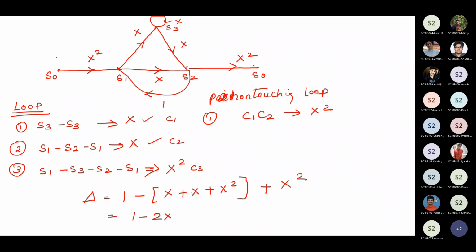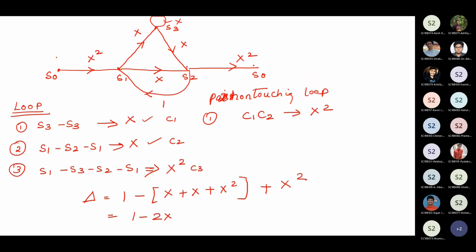Okay, next we have to find the forward path gain. Now you tell me, what is the forward path? S0, S1, S2, S0.